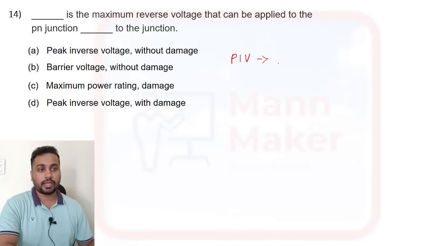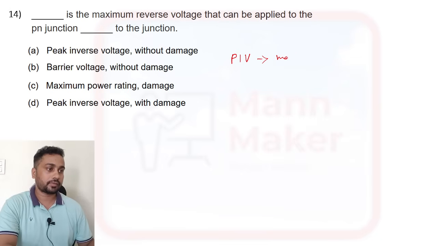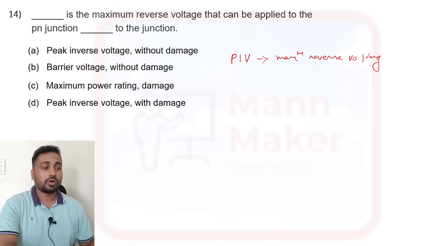PIV means the maximum reverse voltage, or the maximum value of voltage that a PN junction diode can withstand without damaging the diode. The same definition is written here: PIV, peak inverse voltage, is the maximum reverse voltage that can be applied to the PN junction without damaging the junction. So option A is the right answer.